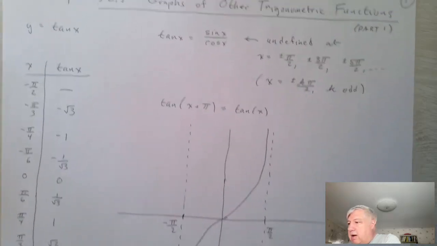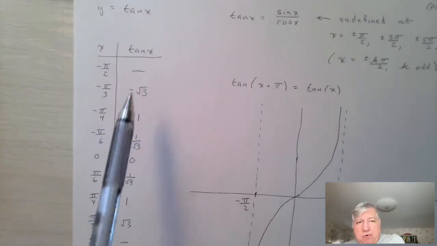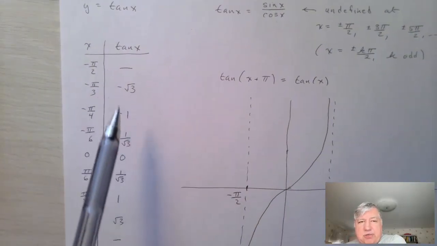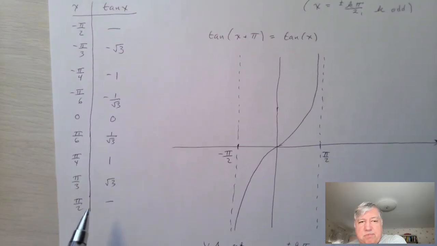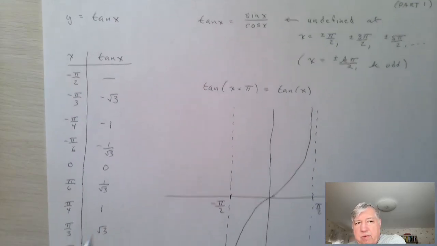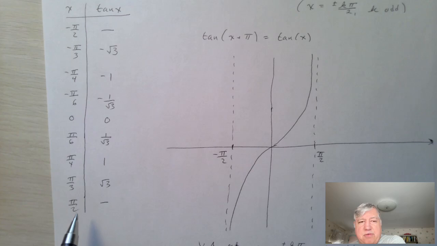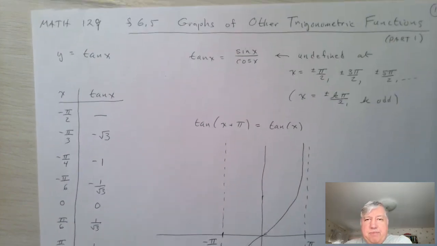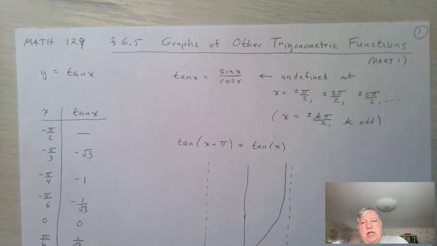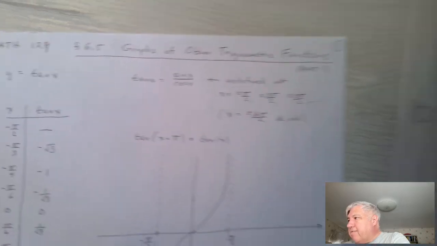Okay. So we plot a few points of tangent x just from minus pi over 2 to pi over 2. And we really just need to consider that because we proved last time in another video that the tangent is periodic, but its period is pi. So it repeats every pi units or pi radians.